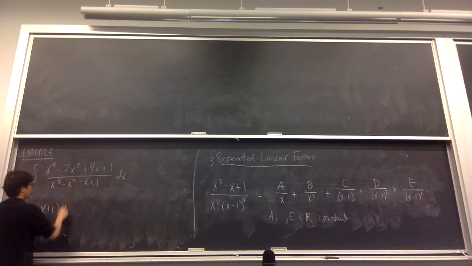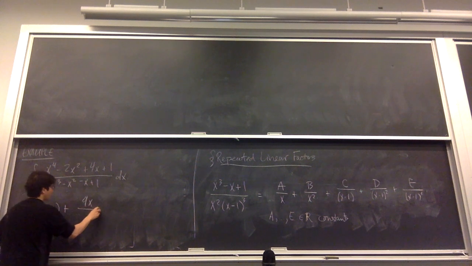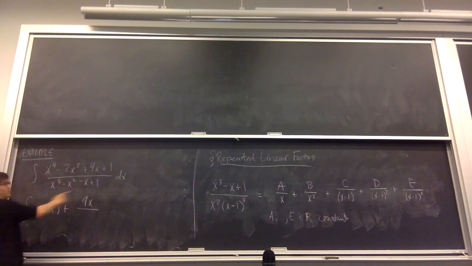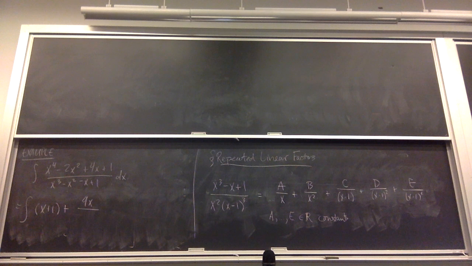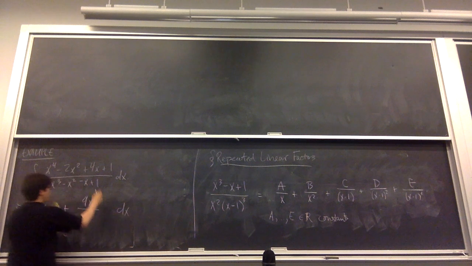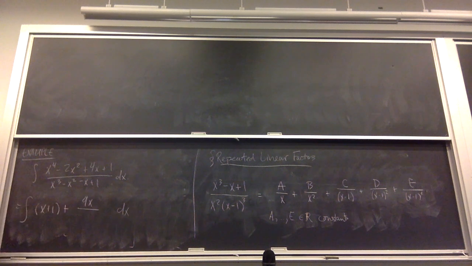So this is x plus 1 plus 4x over that. So let's factor this now. What's the factorization of that? Well, I'm going to put this here, but we need to factor it anyway, so factor it. Do you guys remember high school? You only really have one way of attacking this.